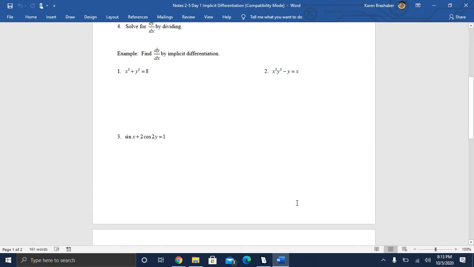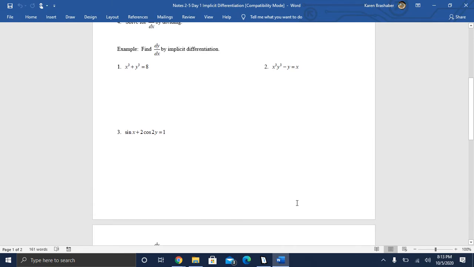So problem number one is x to the third plus y to the third equals 8. And this asks us to do implicit differentiation. So what I like to do is to put a parentheses around the problem, and I'm going to white out the problem number right there if I can.